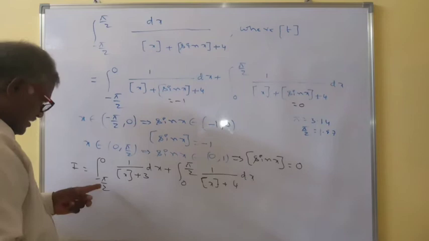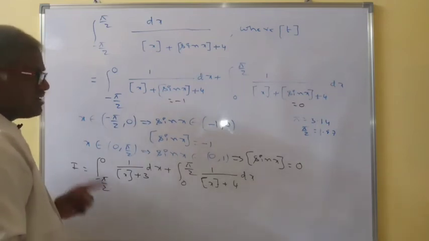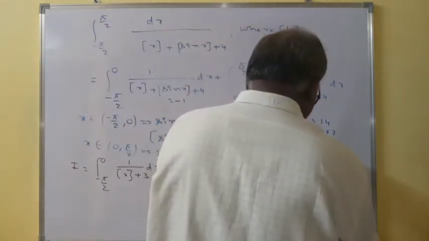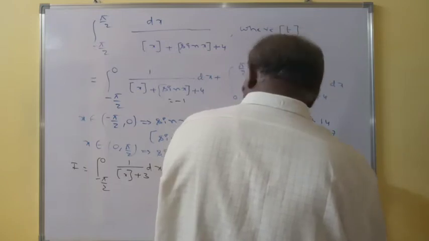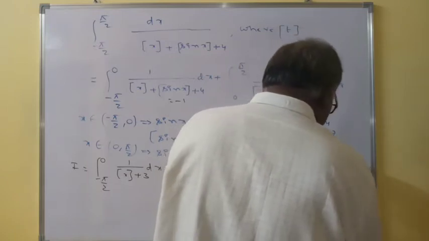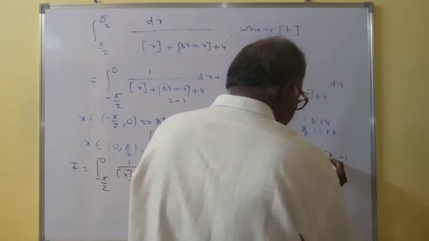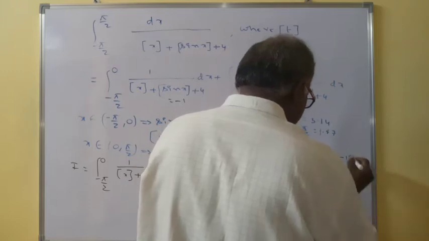Again you see here, actually in this minus pi by 2, that means minus 1.57 to minus 1, again minus 1 to 0.